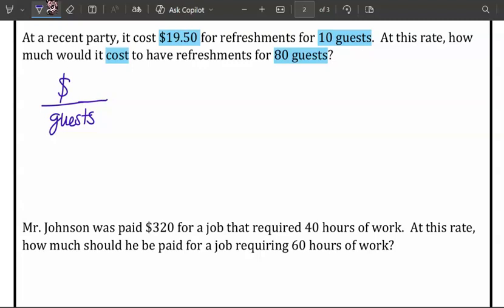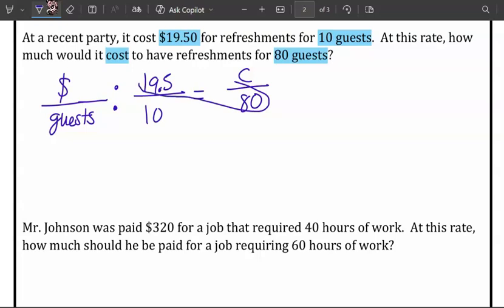Again, you could have guests over cost as well. So $19.50 over 10 guests equals something over 80 guests. Or just call it a C.